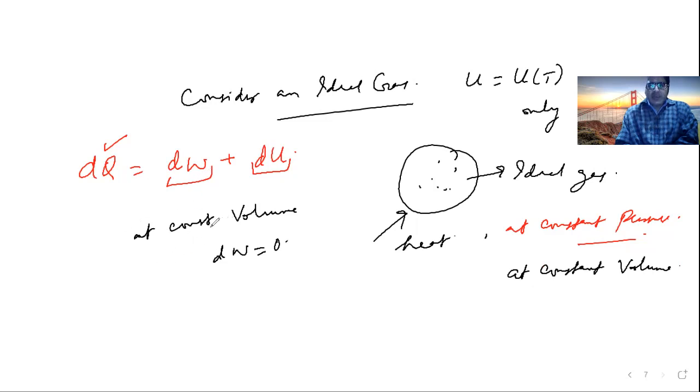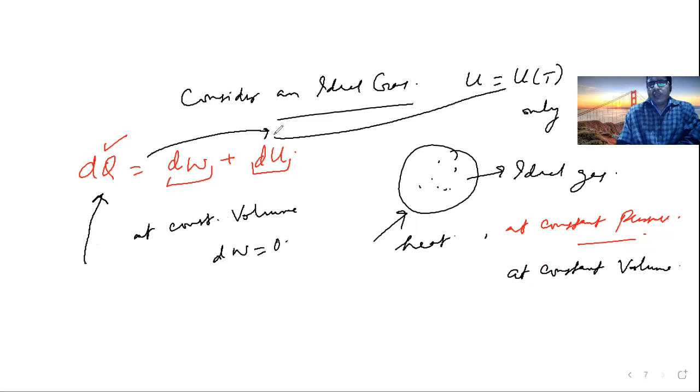That means at constant volume, all the heat which I put into this ideal gas will go in increasing its internal energy and hence its absolute temperature, right? I repeat, at constant volume, work done by the ideal gas is zero. So all of the heat which I put will go in enhancing its internal energy and hence its absolute temperature.